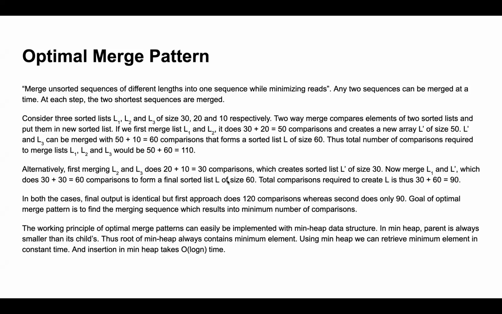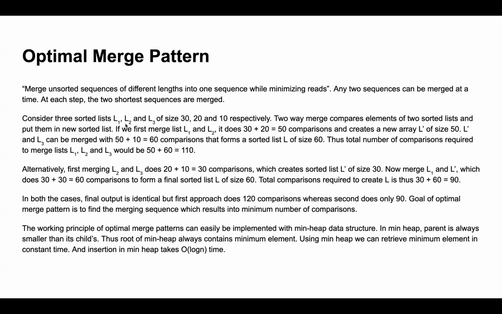Here L is created with 60 comparisons, and now the total comparisons required are 30 plus 60, which is equal to 90.